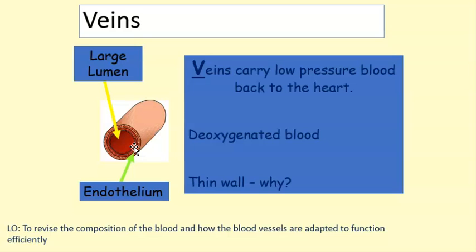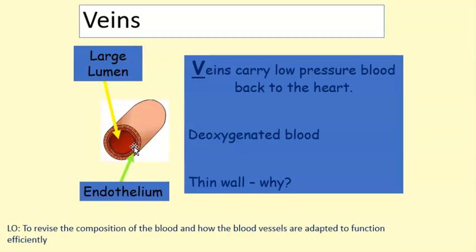Don't just put arteries have a small lumen. If it's a comparison question, put arteries have a small lumen, veins have a larger lumen. Arteries have a thicker wall, veins have a thinner wall. And if it asks you for reasons why, you can put in the higher pressure blood that is being carried through the arteries.